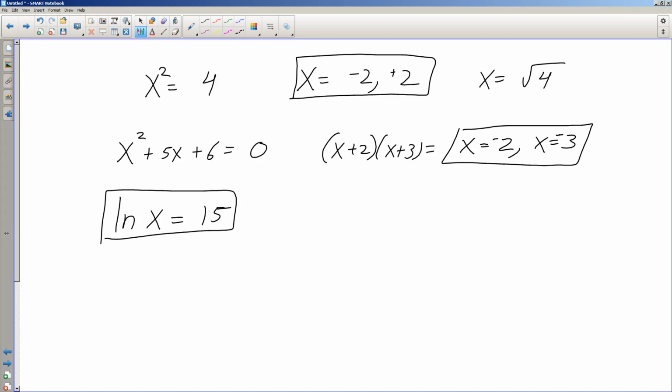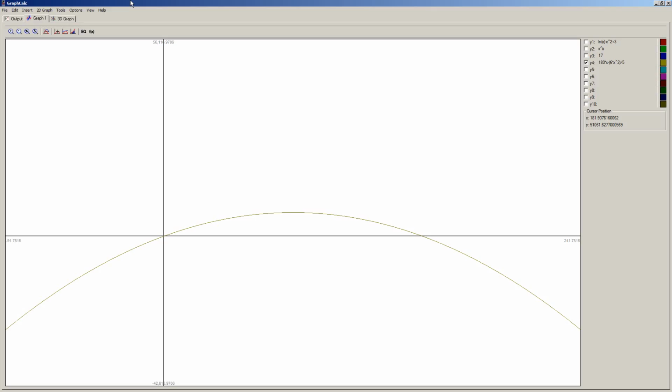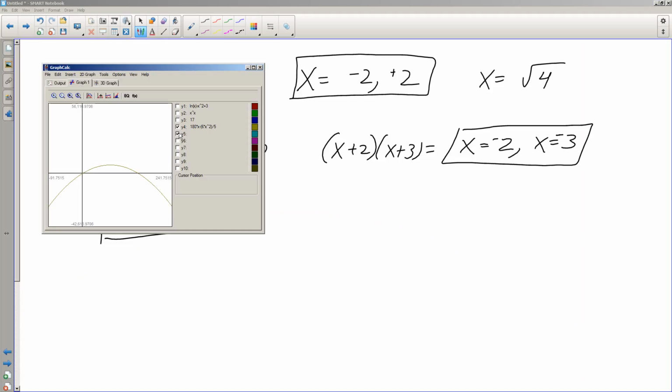So let's go in here, and if we put in something like, let's see if this will work, the natural log of x.